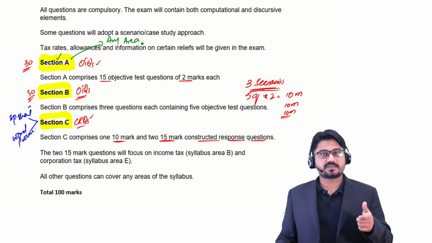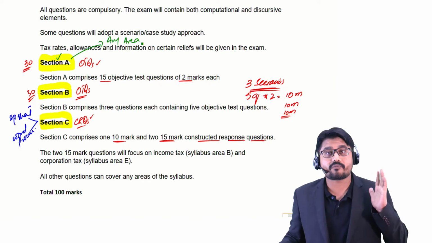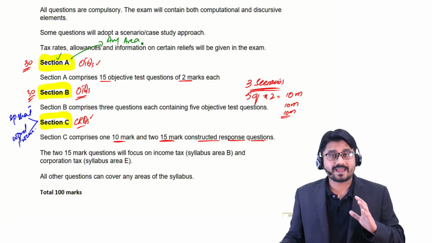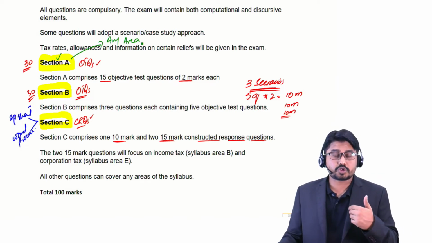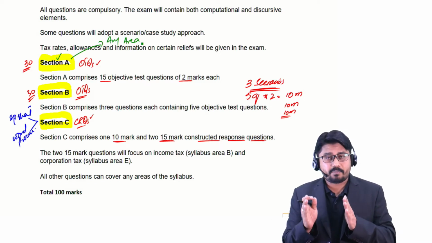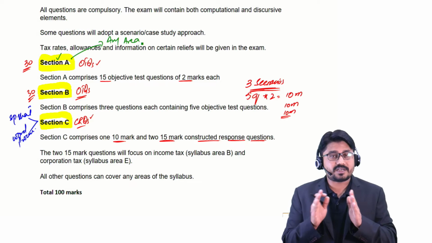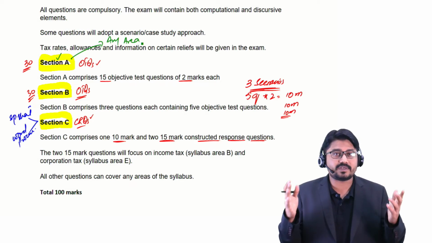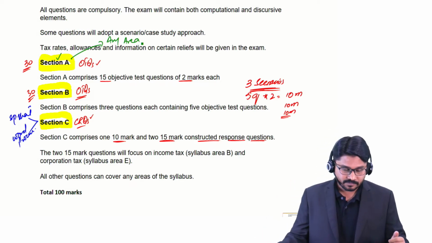These 15 questions can be asked from any area of the syllabus. There is no choice that if you prepare part A and part B, these two will be tested in Section A. It's not like that. Any area of the syllabus can be tested in Section A.